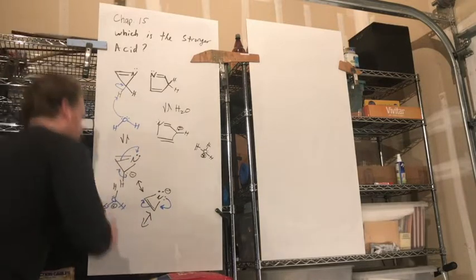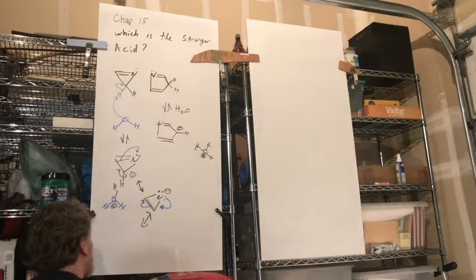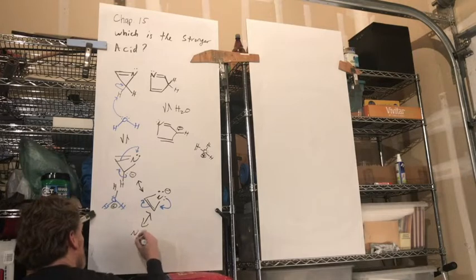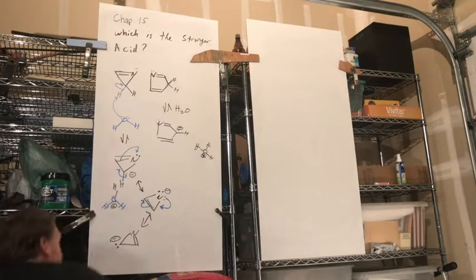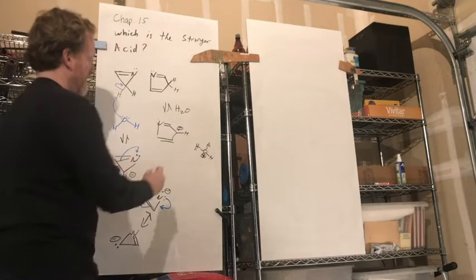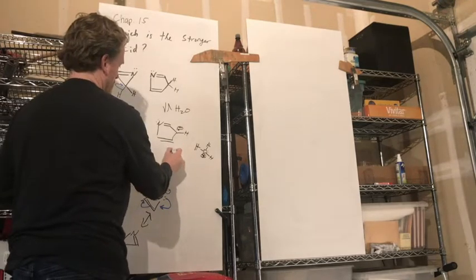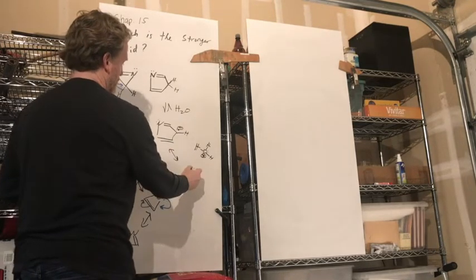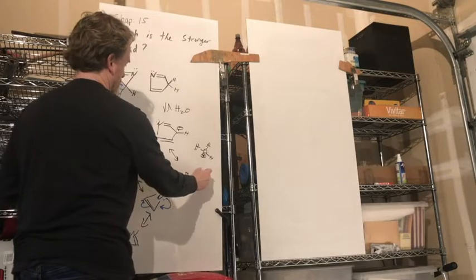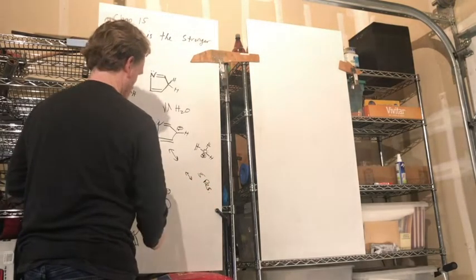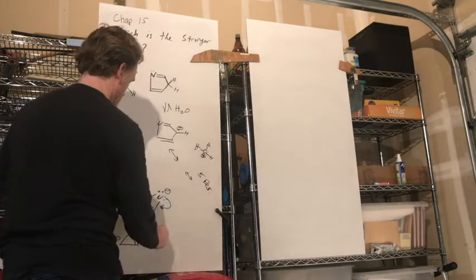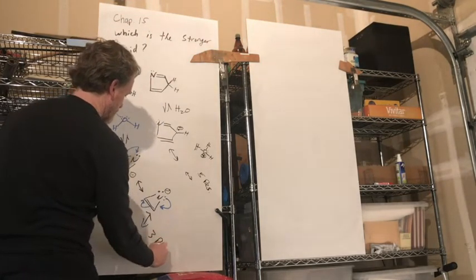So every ring can get a negative charge. This one, it'll have 5 resonance structures. This is only 3 resonance structures.